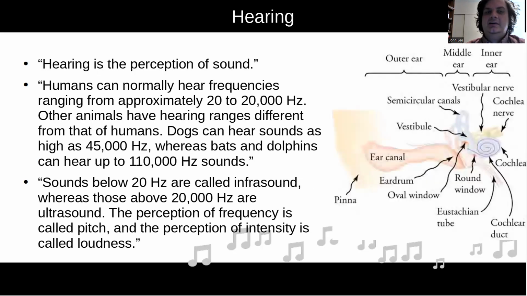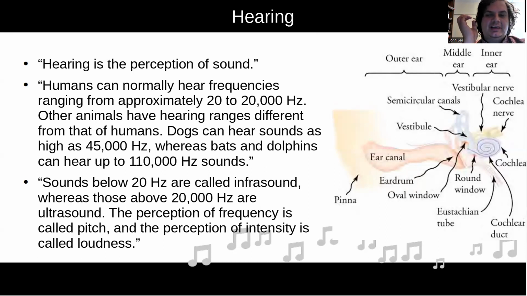And then just to be complete, basically, I included a drawing of the ear, and then the ear canal, the inner ear, and the middle ear, which just shows how we are able to hear.